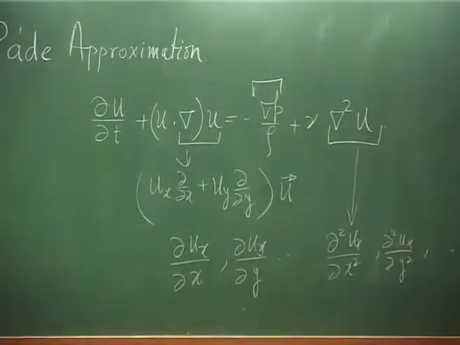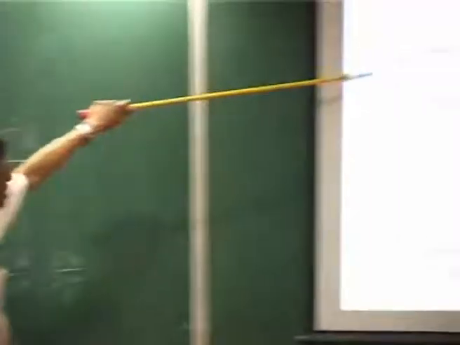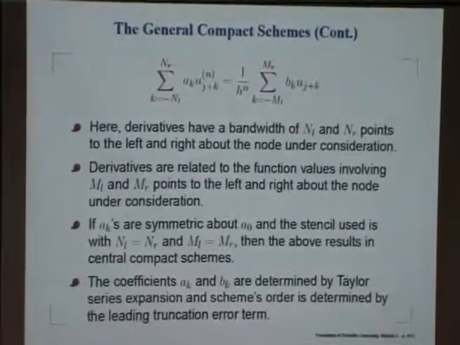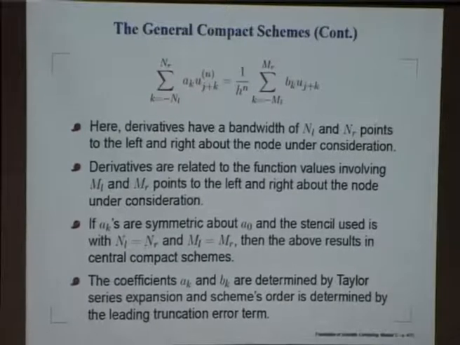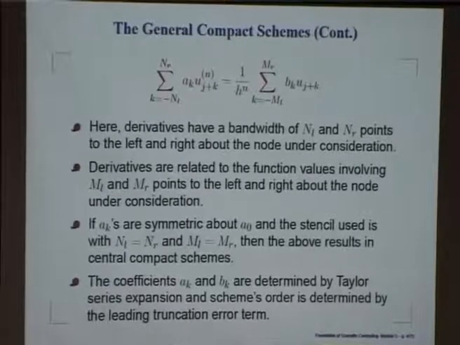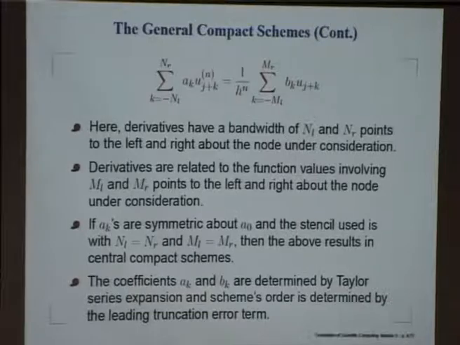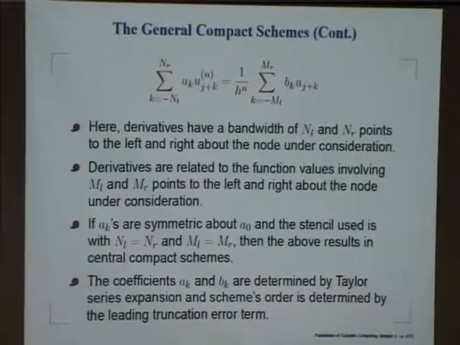So, now you understand in what way we are going to do it. That is why the bandwidth is important. We need to find out how many points are involved in evaluating these derivatives via these auxiliary equations that we have written. Now, by now we are familiar that if I would have written a corresponding explicit scheme, I would have probably simply written like this, right?